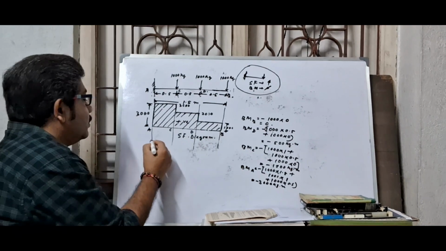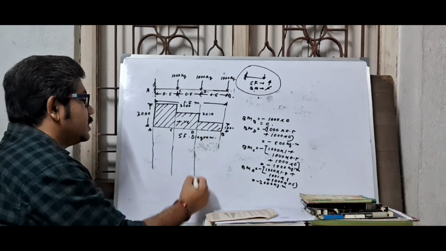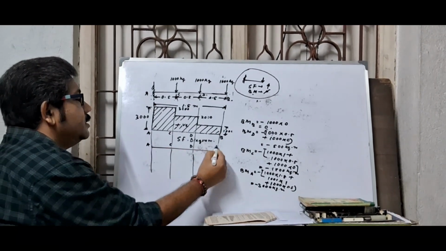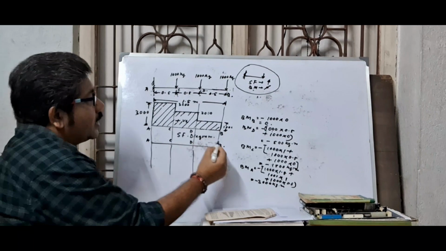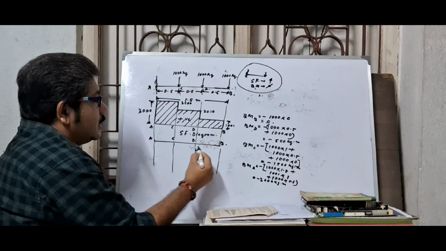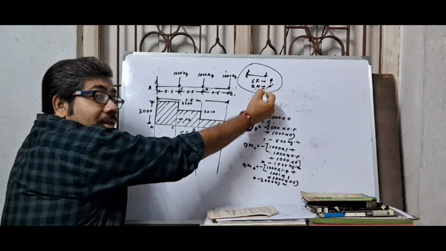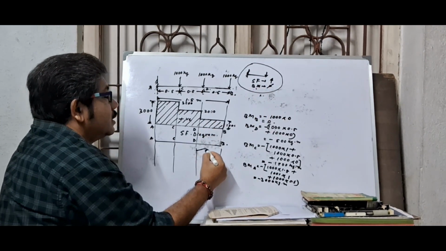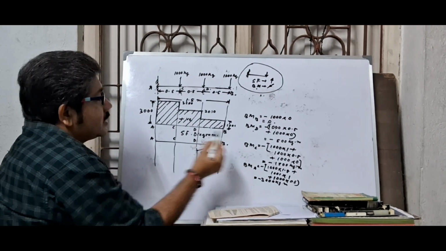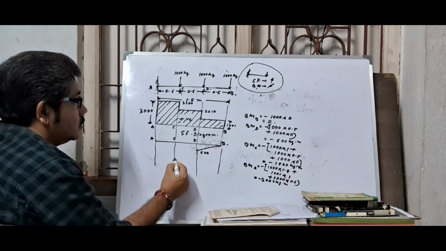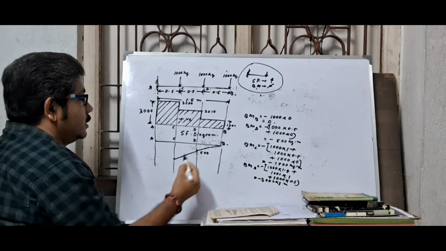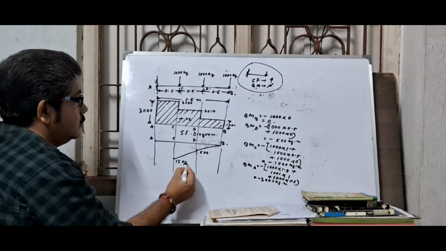Now draw the BM diagram. This is the projection line. This is reference line A, C, D, B. At point B, this is 0. At point D, this is 500, and due to bending moment, it is an inclined straight line. At point C, this is 1500, and connect these points.